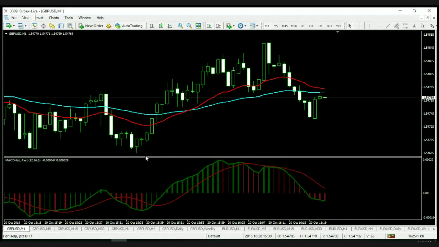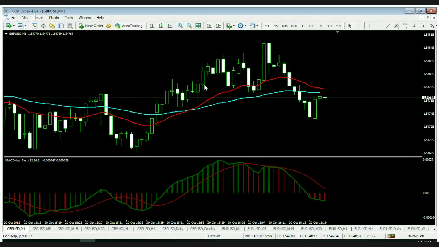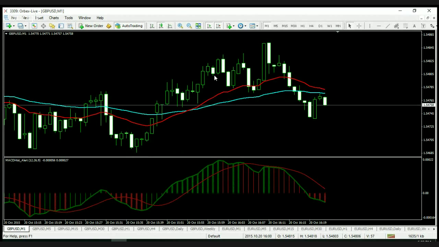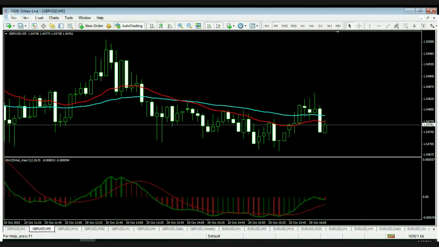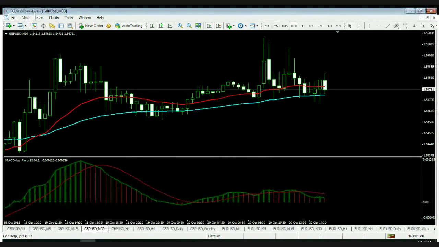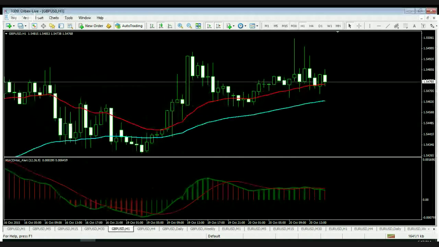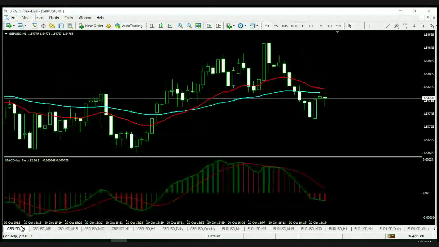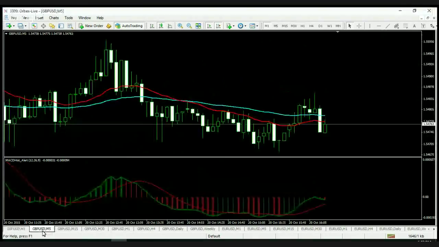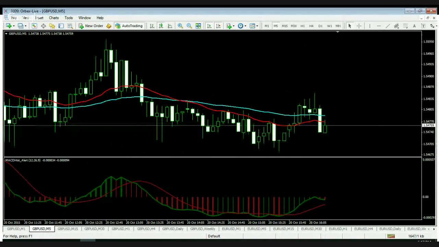You will see most of these major pairs that have dollar on one side start the trend and end the trend most of the time together. So it is like this, going up.